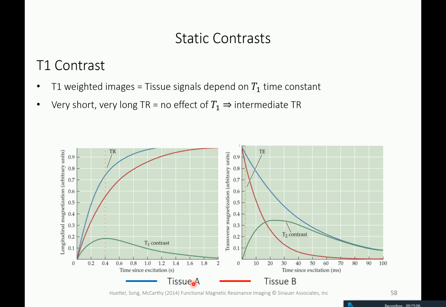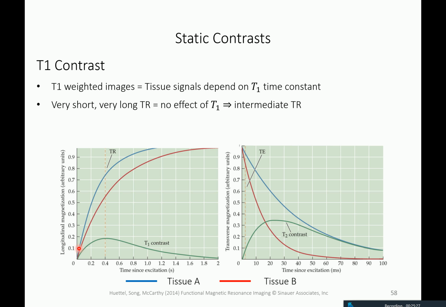If you want to look at the differences in the tissues that relate to T1 time constants, you have to think not in terms of the endpoints of this process, but of when this process happens. So again, this is T1 recovery.